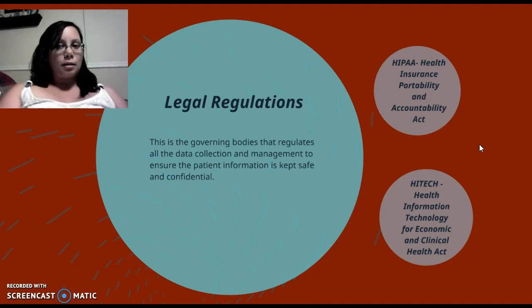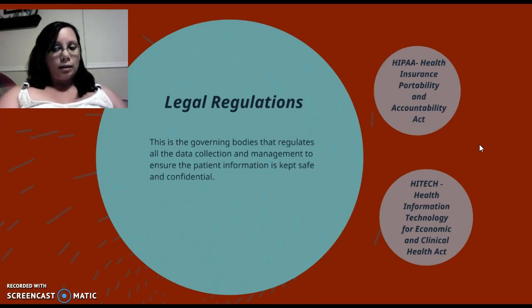HIPAA, the Health Insurance Portability and Accountability Act, was put into effect. And that basically tells us that we can't give any information out to anybody unless the patient says that it's okay, except for those who are on their team that are medically treating them.